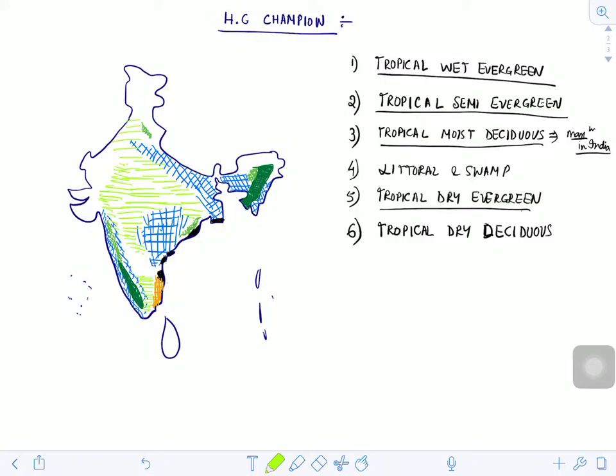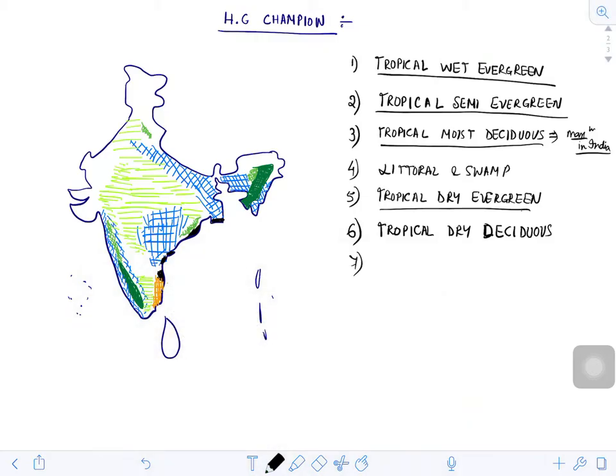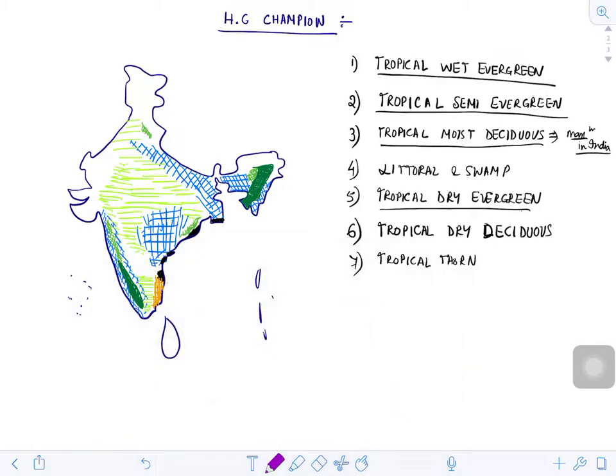Now next comes tropical thorny. You'll find tropical thorny in which areas? These areas.